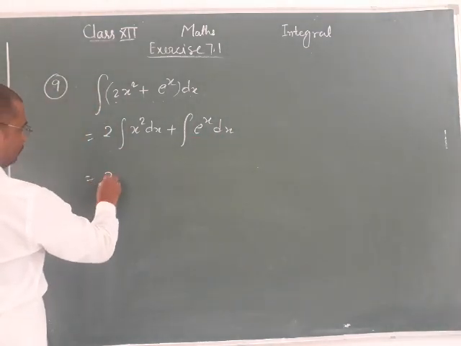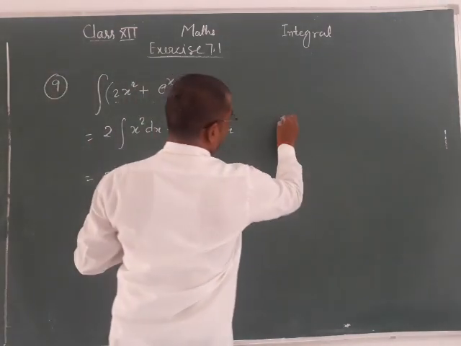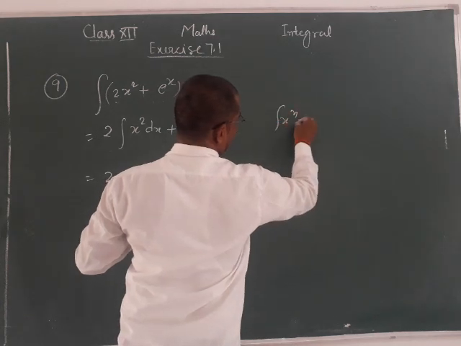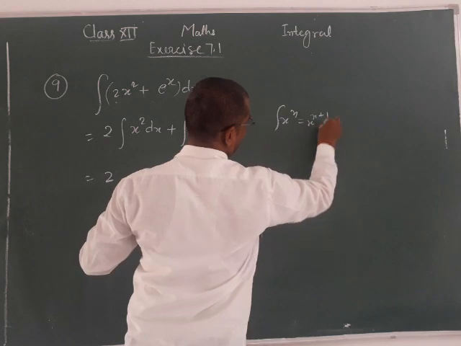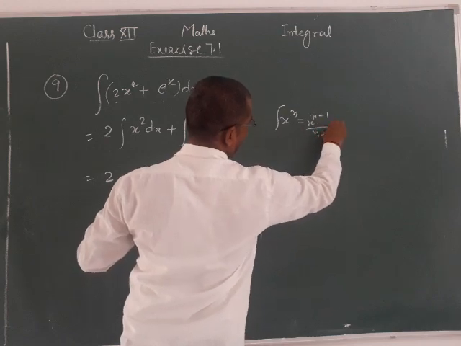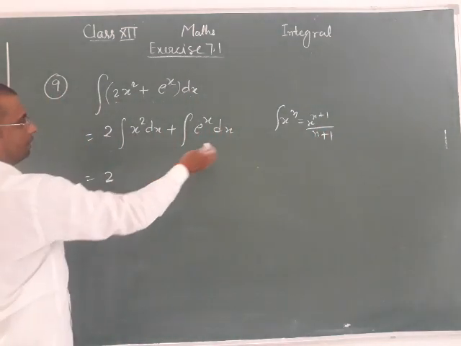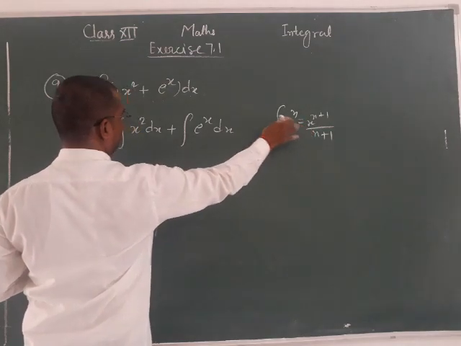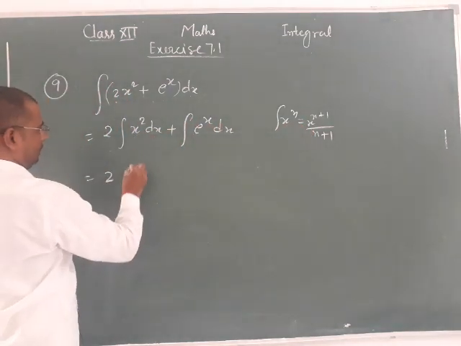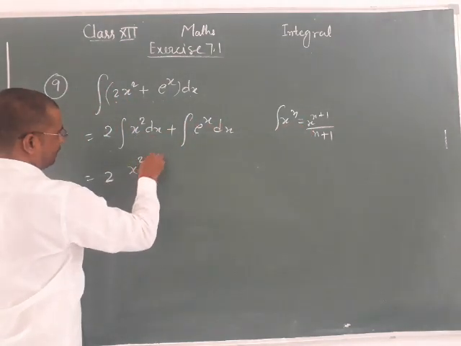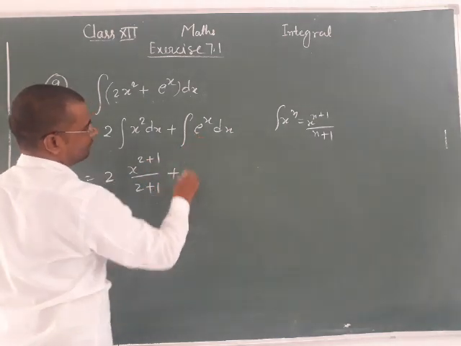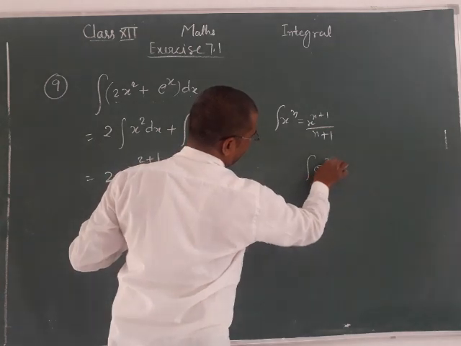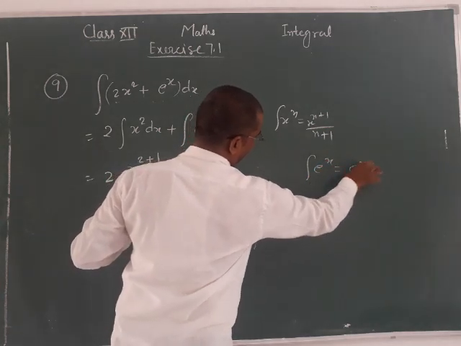So we know that the integration of x^n is equal to x^(n+1) upon n+1. So now according to this formula we can solve x^(2+1) upon 2+1, and the integration of e^x is equal to e^x.